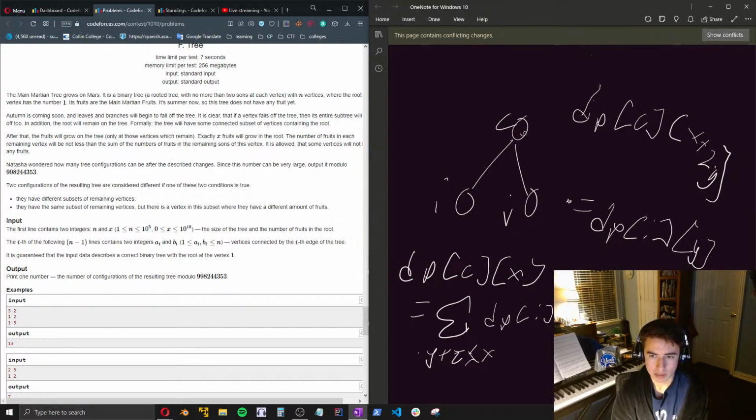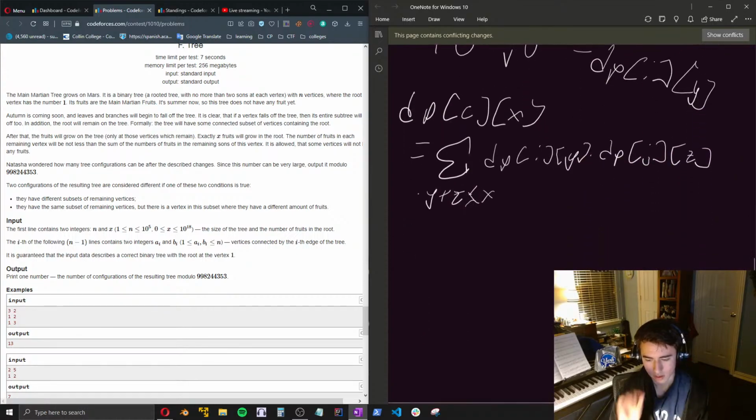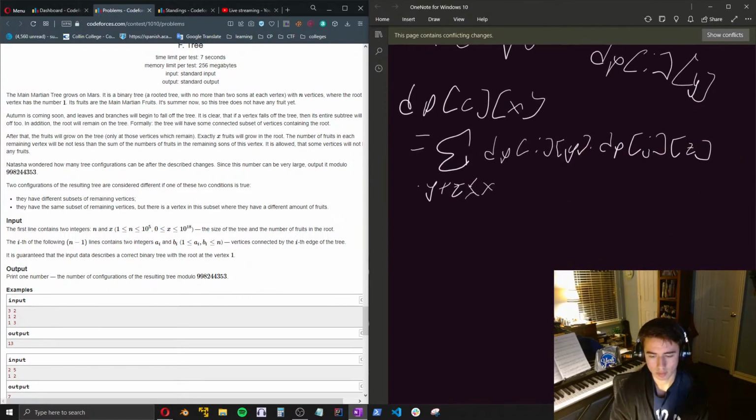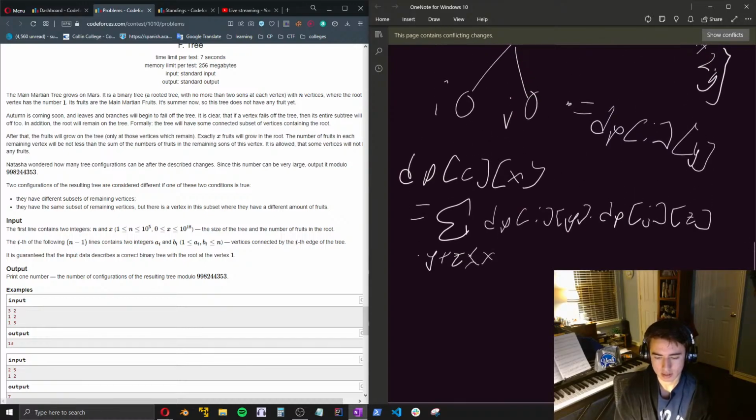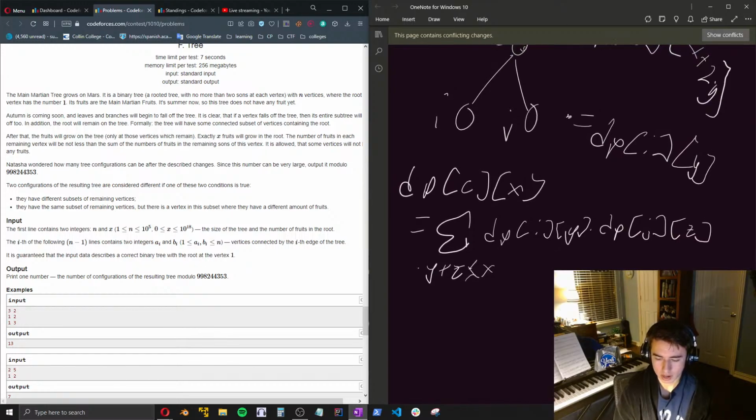We basically have 3 operations, right? Like a convolution when there's two children. Otherwise, if there's one child, we just say dp of x equals the sum of dp of y, where y is less than x. So it's like doing the prefix sum over the polynomial dp of y, right?